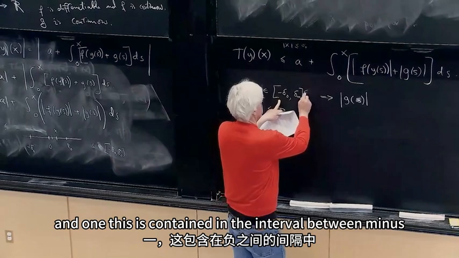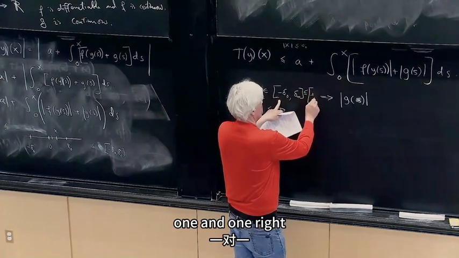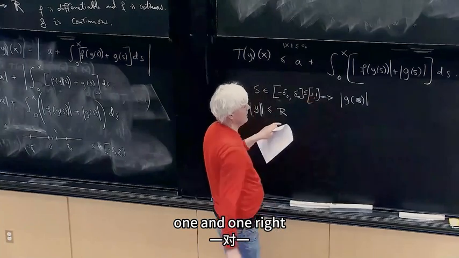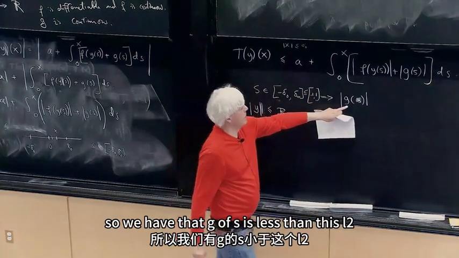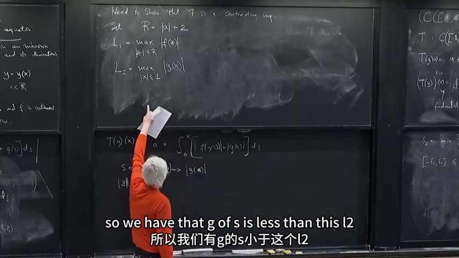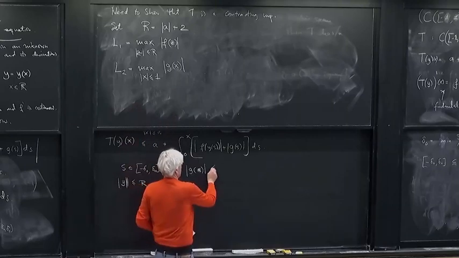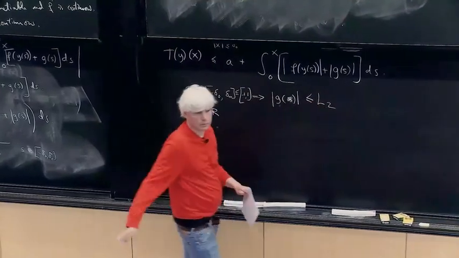So we have that |g of s| is less or equal to L2, right?